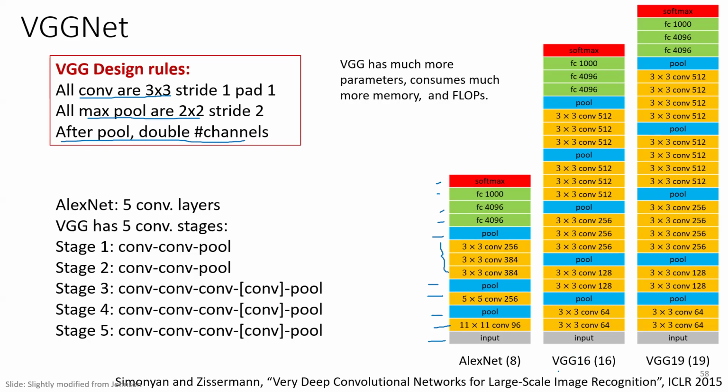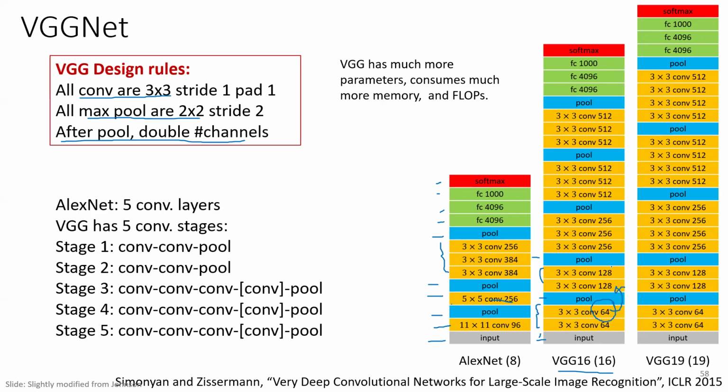Then if you think about this VGGNet, we have the input image, 3 by 3 convolutions, and then a pooling layer, then 3 by 3 convolutions, then a pooling layer. You can see, as they said, after the pooling layer, number of channels will be doubled, 64 to 128.